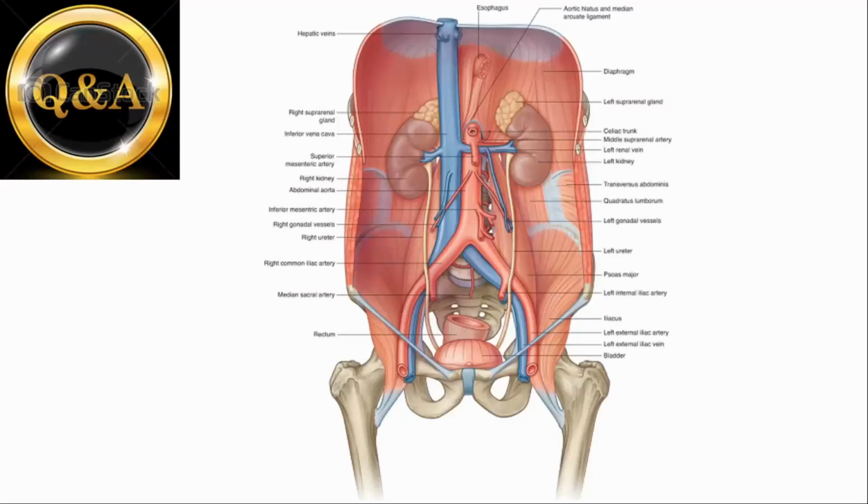Two or more minor calyces collect into a space called major calyx, and 2 to 3 major calyces collect into a wider space called renal pelvis.